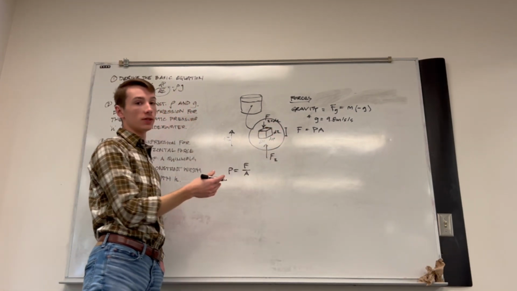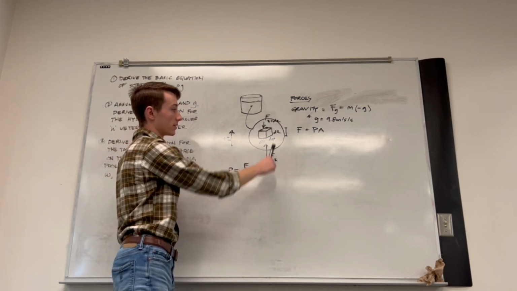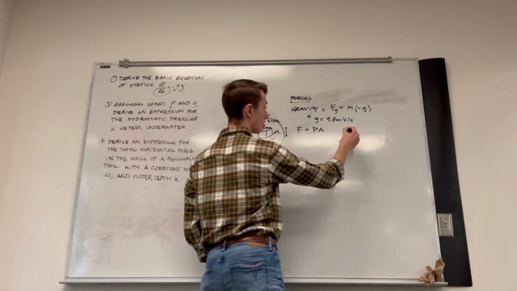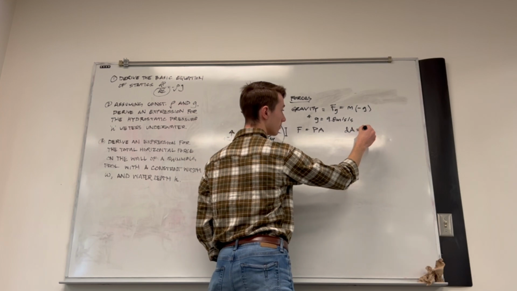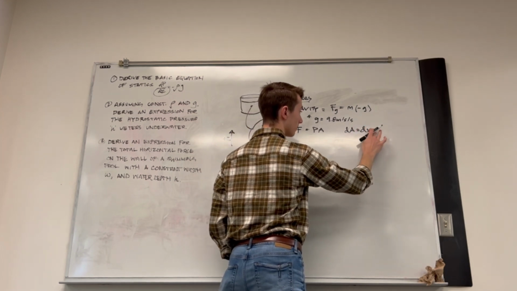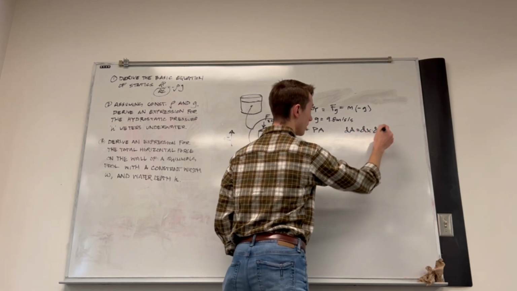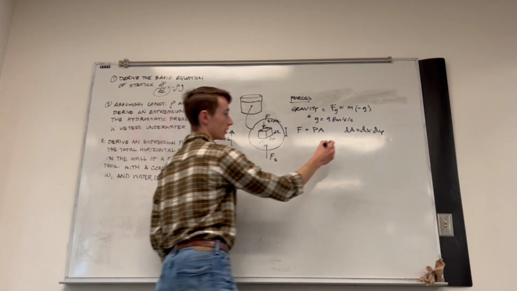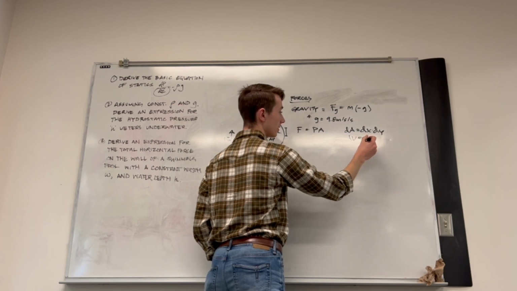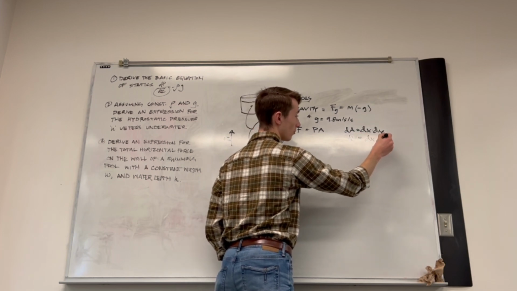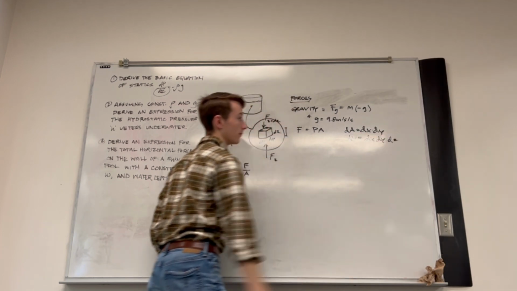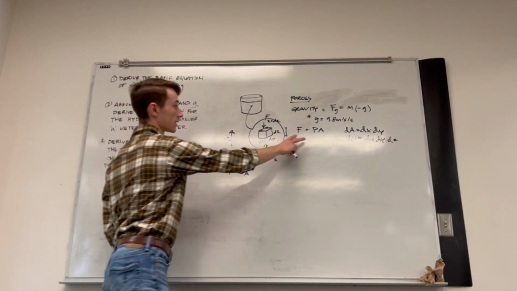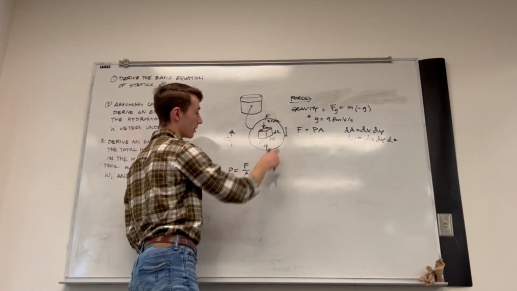Well, it's the differential unit area dx times dy, so dA equals dx dy. We'll need this later, but obviously the volume of this differential unit is dV equals dx dy dz.